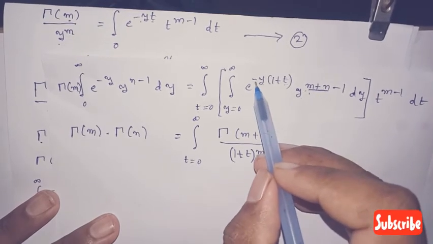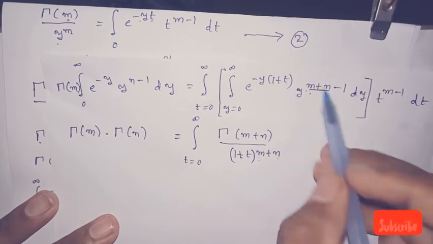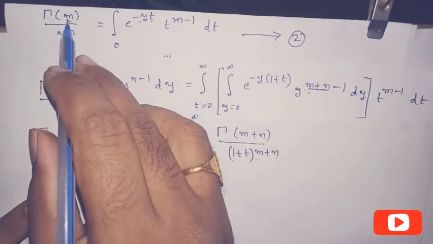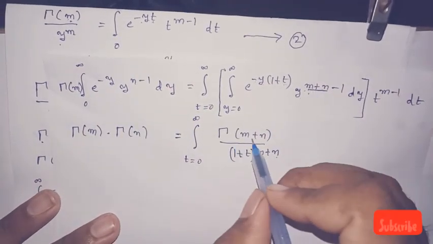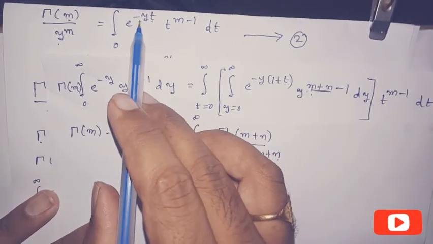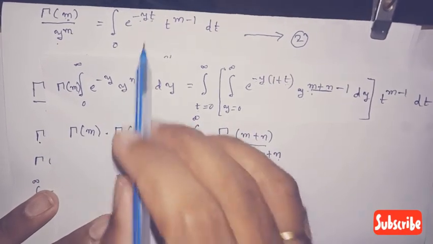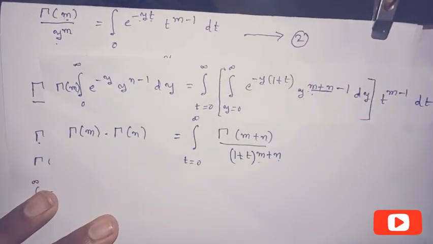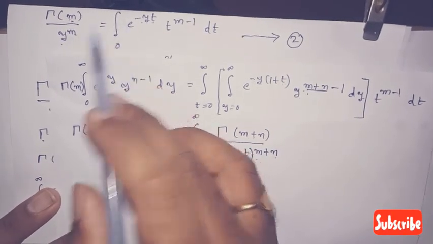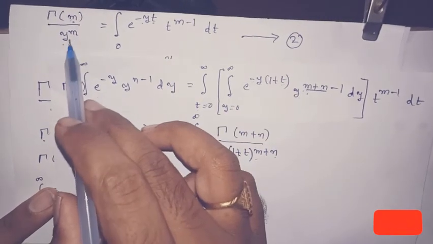Therefore we can write down this integration as gamma of m plus n by 1 plus t power of m plus n, into t power of m minus 1 dt. Here, with respect to t, the coefficient of minus t is y, so y power of m minus 1 plus 1 is y power of m.